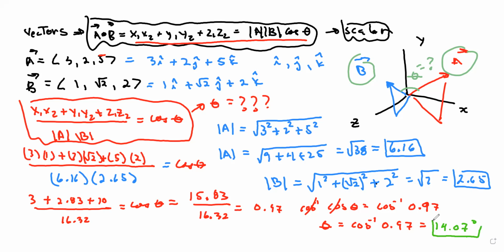And that's how you get the angle. Now you have it. Your angle is going to be 14.07. And that's how you can use the dot product.